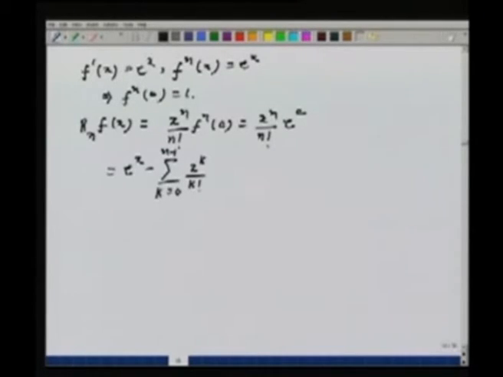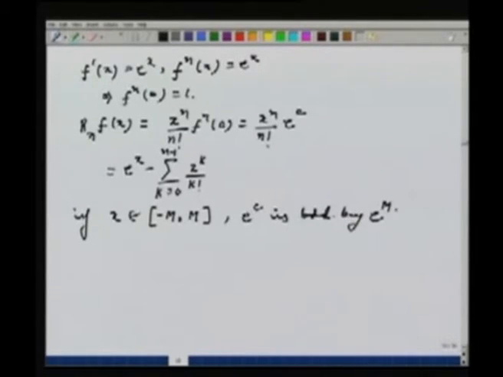Now I have a fixed x. If x lies between minus m and m, let us say, then e to the power c is bounded by e to the power m for all x in minus m to m.